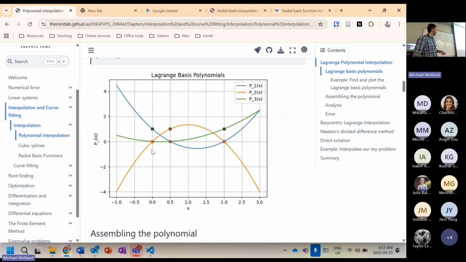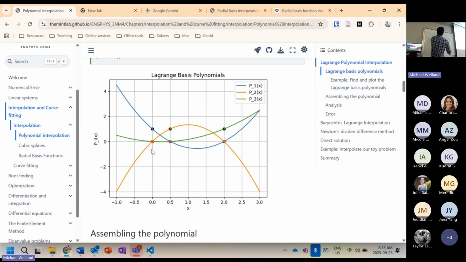When you do the sum, y at x1 is equal to something times P1 at x1, plus something times P2 of x1, plus something times P3 of x1. P2 at x1 is 0, P3 at x1 is 0, and P1 at x1 is 1.